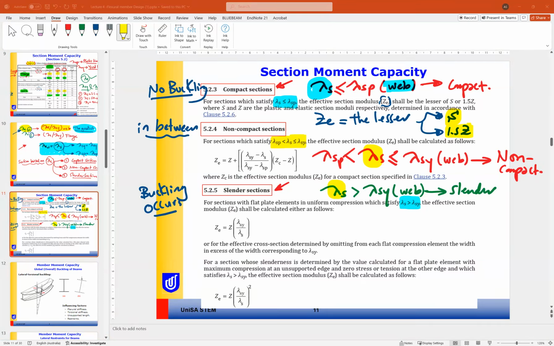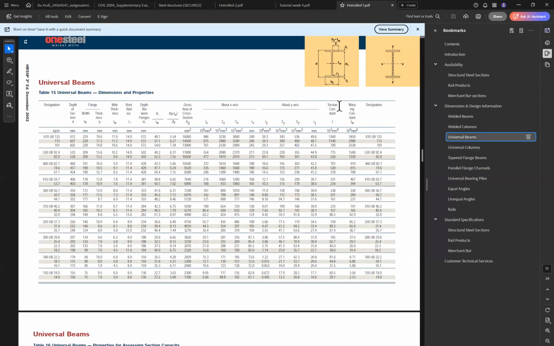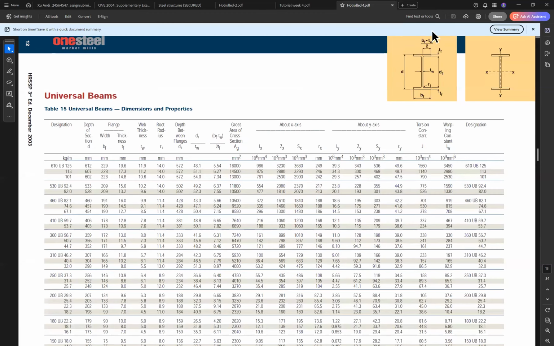If we have a look at the tables, for example, for a universal beam section, can you see it clearly? Okay, for any section, let's start with this one, for example.